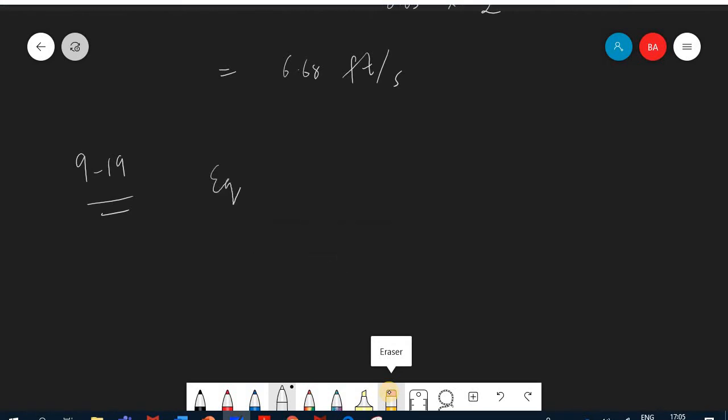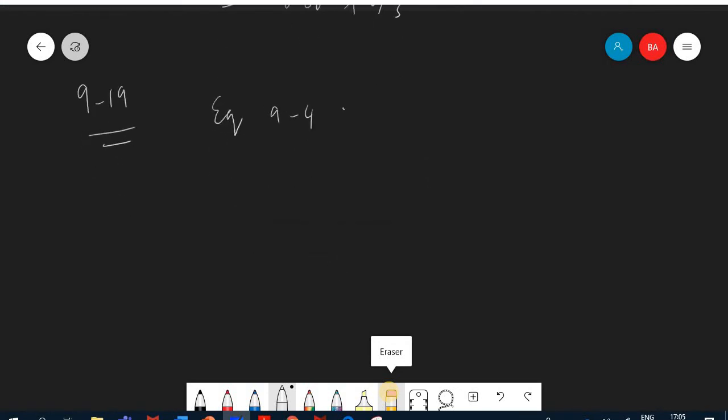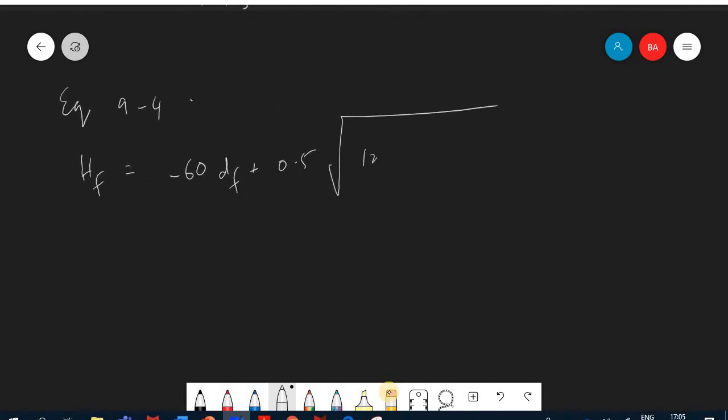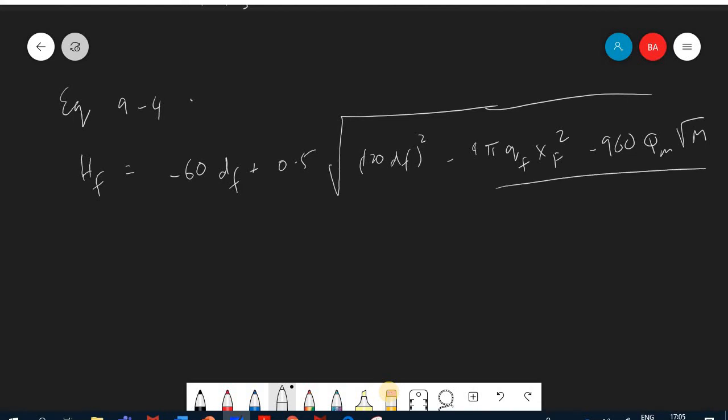So equation 9.4, where HF is equal to minus 60 dF plus 0.5 into the square root of 120 dF squared minus 4 pi QF into XF, which is the distance, minus 960 QM, the mass flow rate, into the square root of the molecular mass, divided by pi QF.